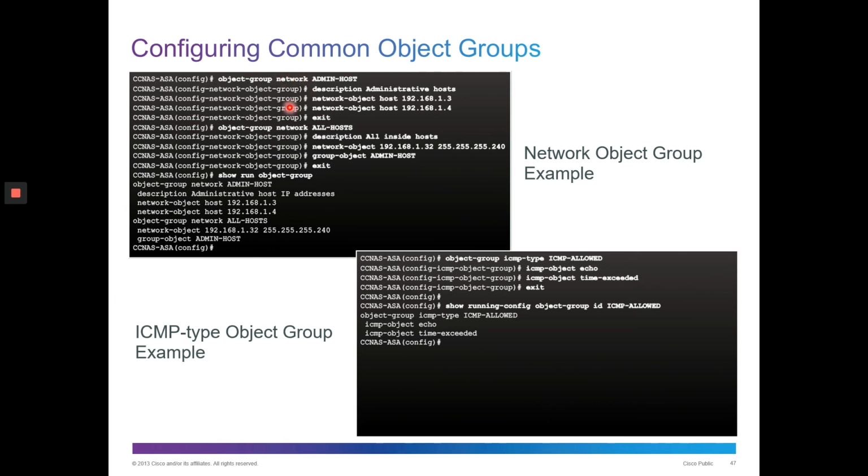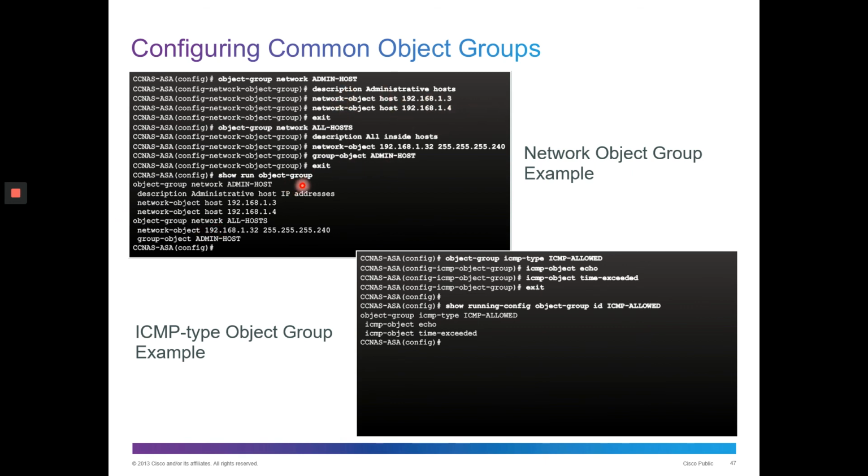For example, over here we created an object group called object-group network admin host, and then you have something called all host. In admin host, you put all the computers or hosts who are admins, and in all host you specify all the hosts which are non-admin, and then you specify your ACLs on these.